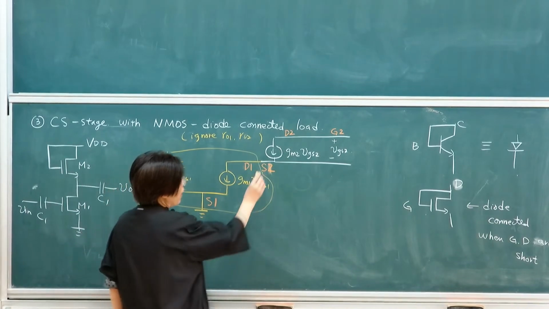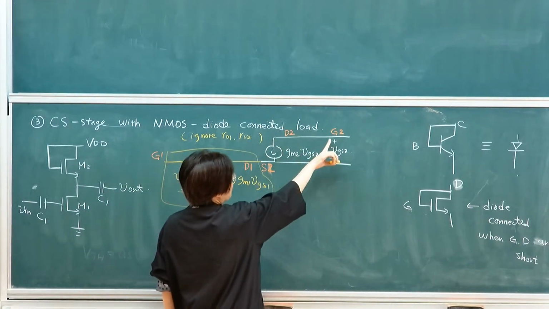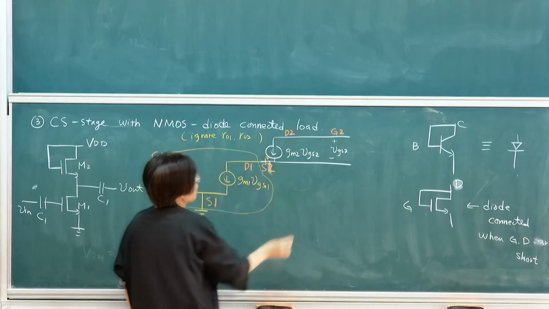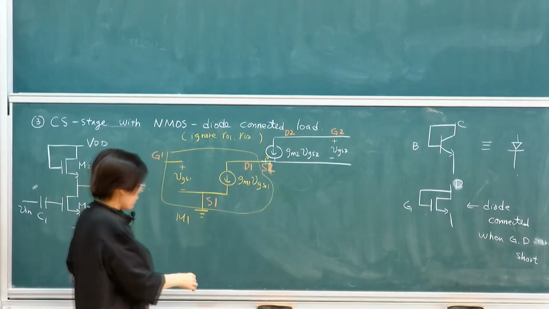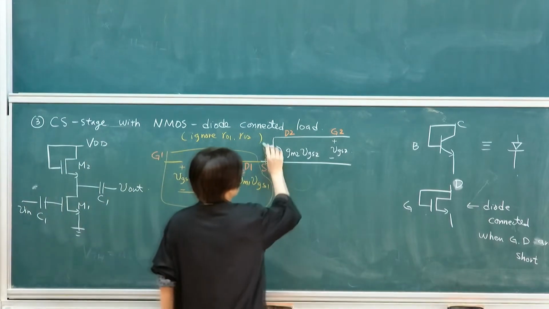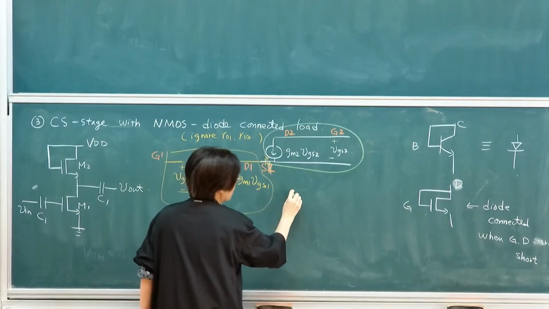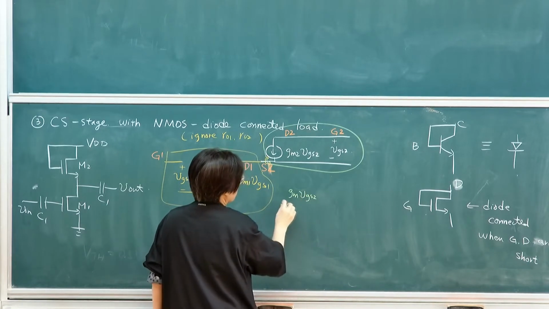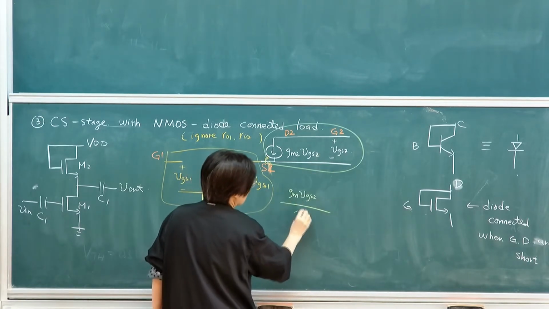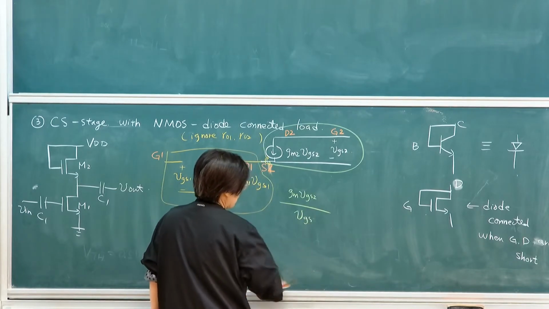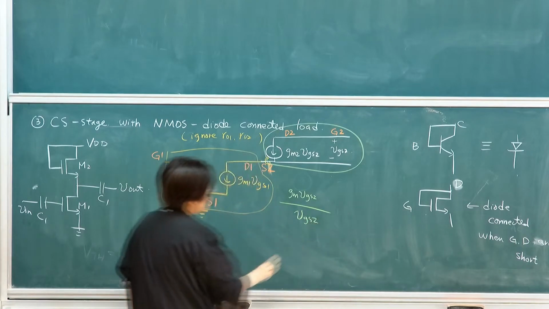Because I have a diode connected structure, if I'm looking into here, if I want to simulate what it looks like, this part will be the current. The current is gm VGS, and the voltage across is VGS2.